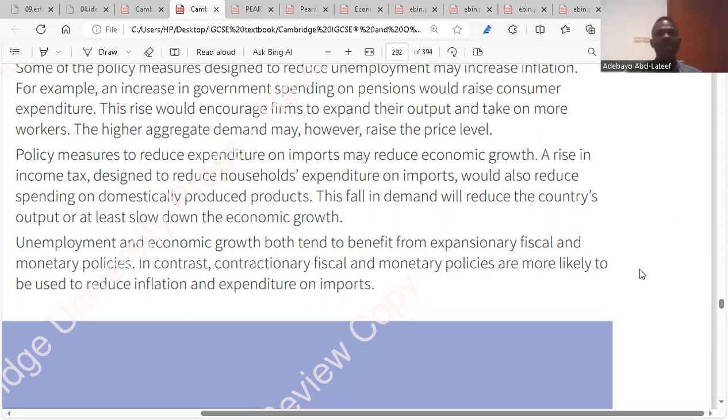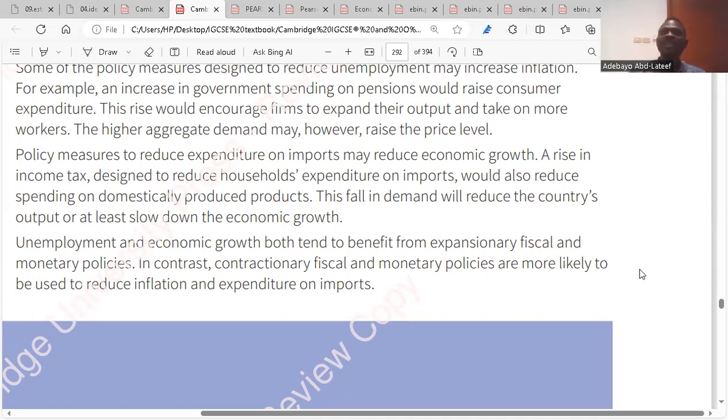We are talking about importation, where government can find a policy like increasing income tax, not tariffs now. There is an increase in importation within an economy. This might be as a result of an increase in disposable income. So government wants to stop the consumption of imported goods to encourage the consumption of domestically made products.